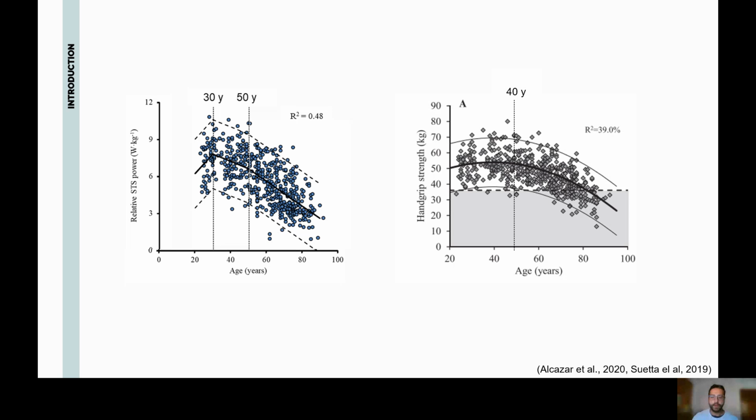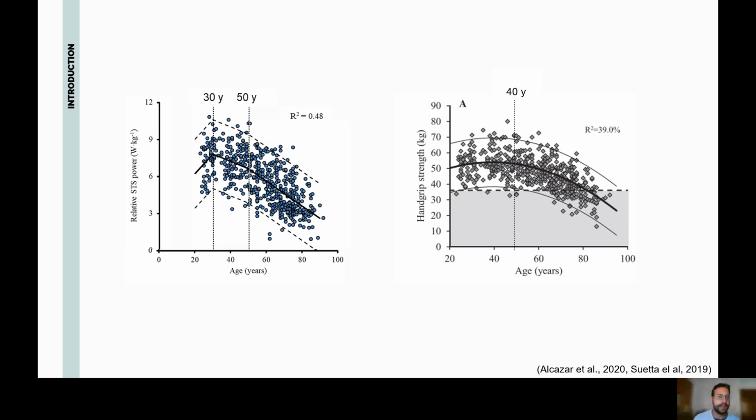Also, not only is there a faster rate of decline in muscle power compared to muscle strength, but also the decline starts earlier.